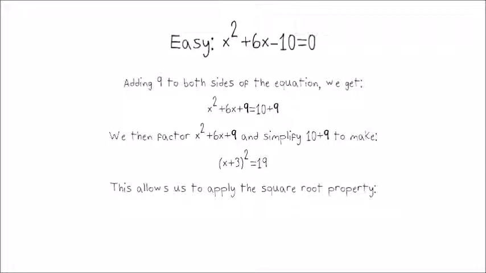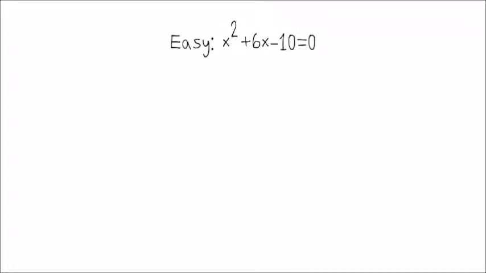This allows us to apply the square root property. So again, finding the square root of x plus 3 to the second power equals the square root of 19 will give x plus 3 equals plus minus square root of 19. Isolate x to find the solution. Transposing positive 3 to the other side of the equation and changing signs, it becomes x equals negative 3 plus minus square root of 19.